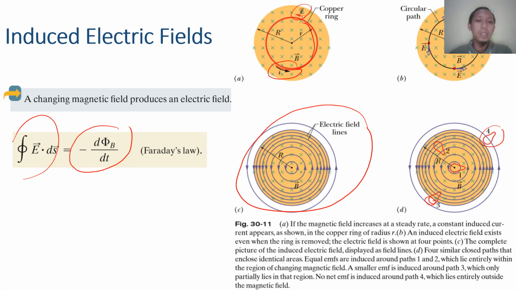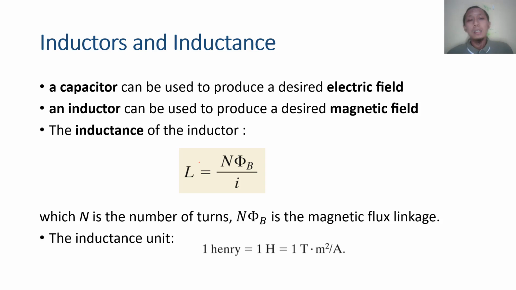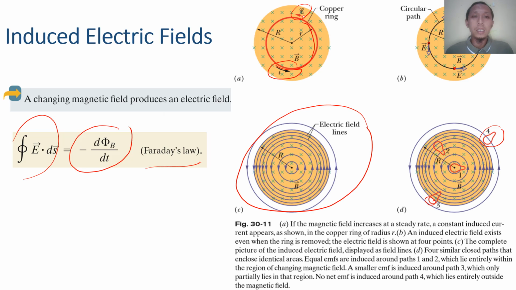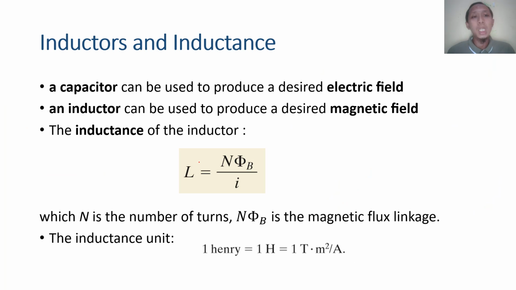This is the other form of Faraday's law: the closed integral of E·ds is equal to minus d magnetic flux per dt. After discussing the eddy current and the induced electric field, we see we can create an electric field because of a changing magnetic flux.